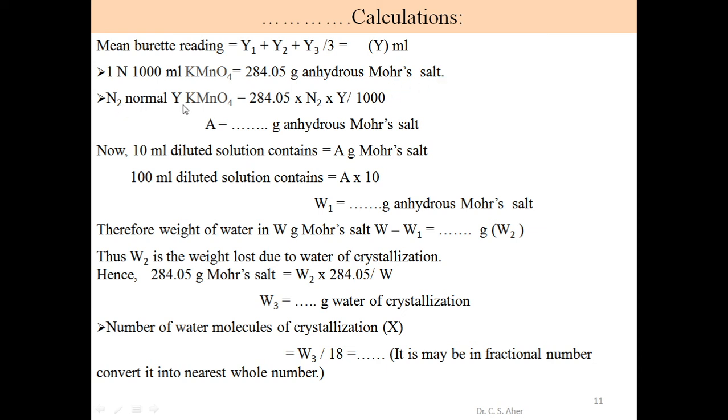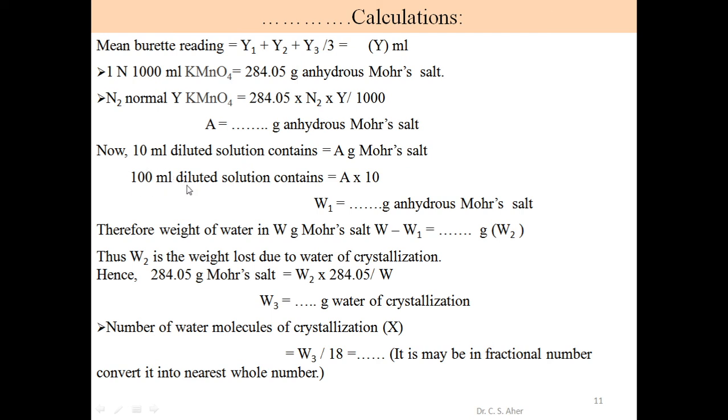So N2 normal of Y ml KMnO4 is equivalent to 284.05 into N2 into Y divided by 1000. That gives A, the grams of anhydrous Mohr salt in 10 ml of diluted solution.